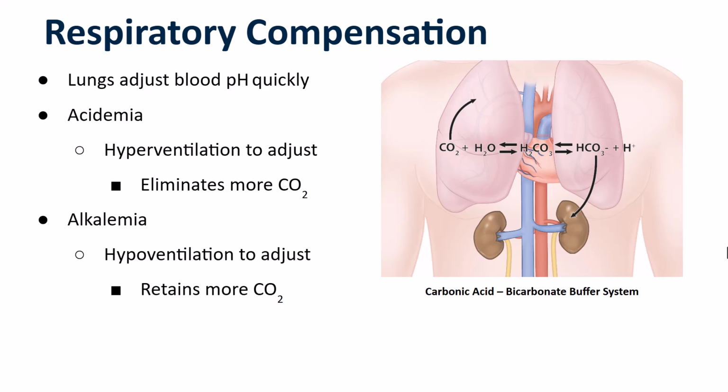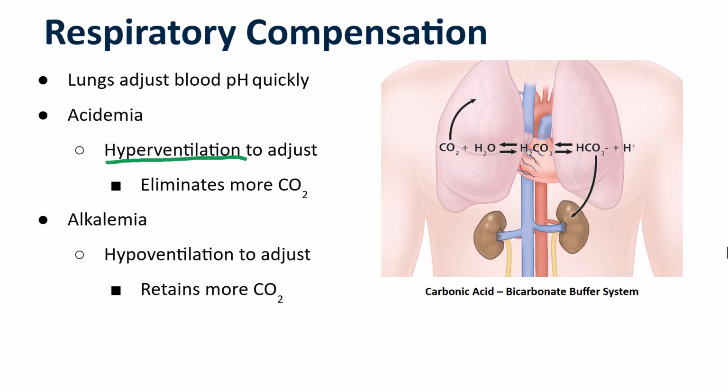Let's think about respiratory compensation. The lungs are actually organs which can most quickly help adjust blood pH. Now, under acidic conditions or acidemia, one of the ways that the lungs can help to resist this is through hyperventilation.